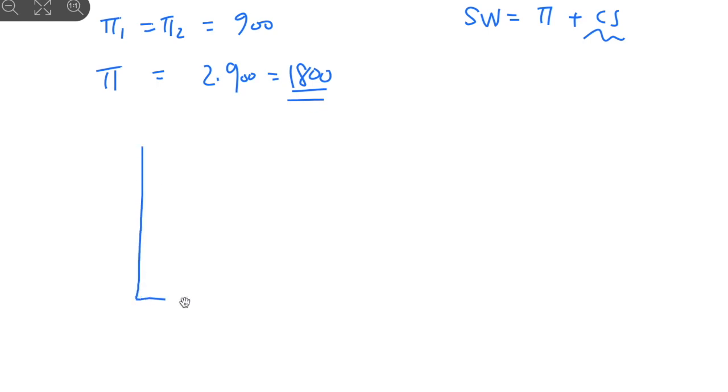So how can we decide consumer surplus? Once again, when we have the price and quantity, it follows the demand curve, right?